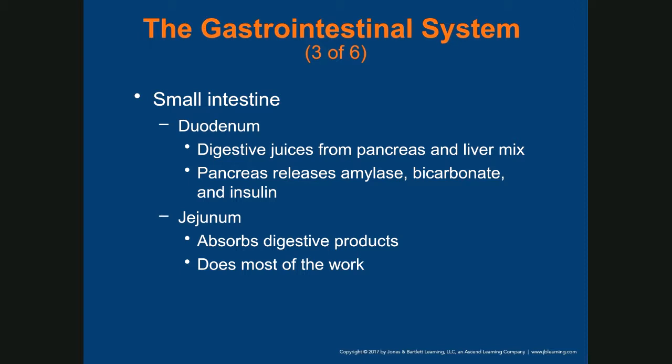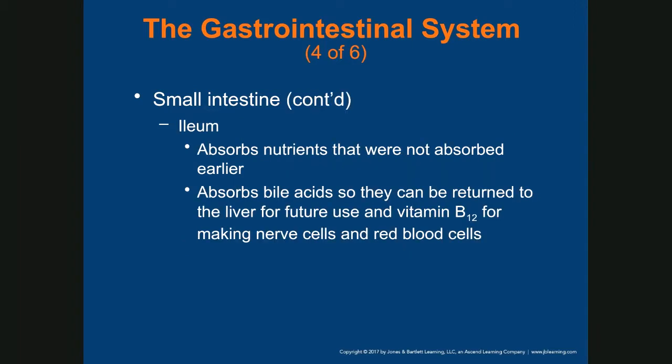The jejunum absorbs digestive products and does most of the work. Then you have the ileum, which absorbs nutrients that were not absorbed earlier. It absorbs bile acids so that they can be returned to the liver for future use, and vitamin B12 for making nerve cells and red blood cells.